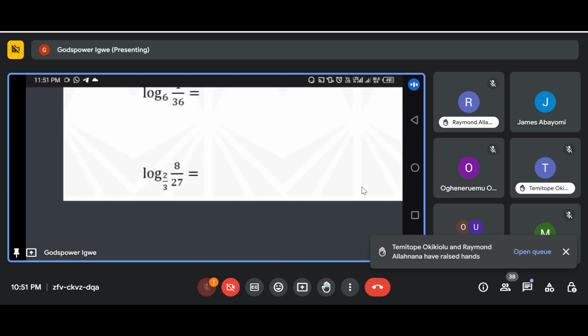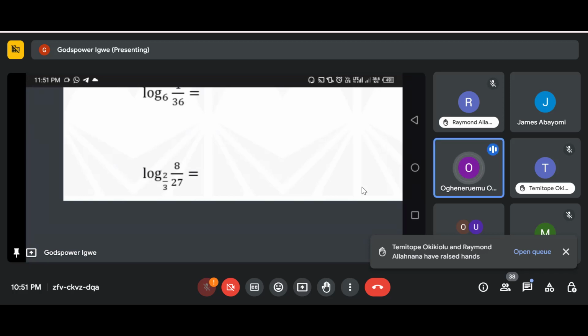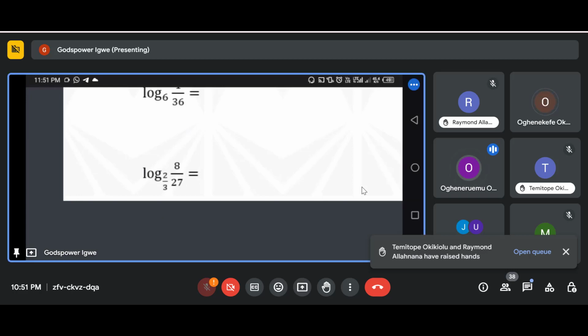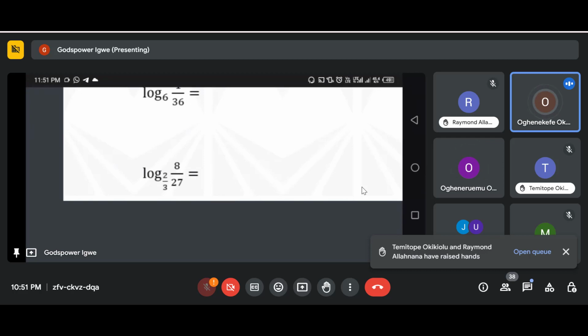Why is it 3? That's what I want to hear. It's 2/3 raised to power 3. Can you solve it?